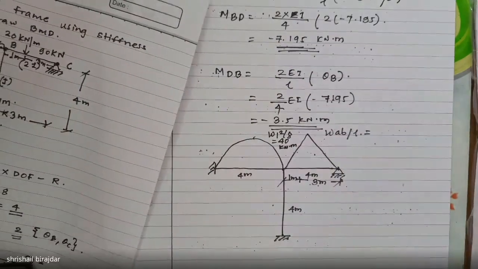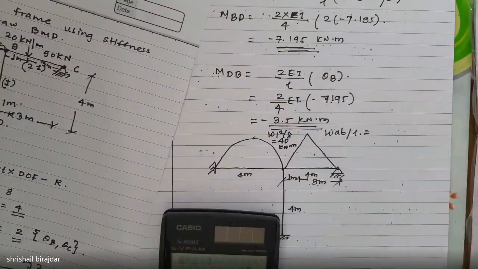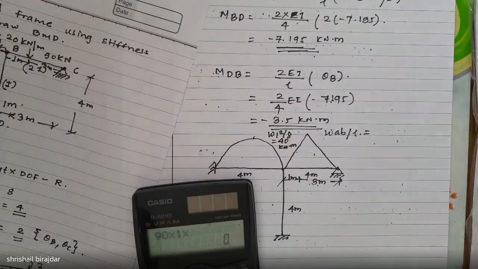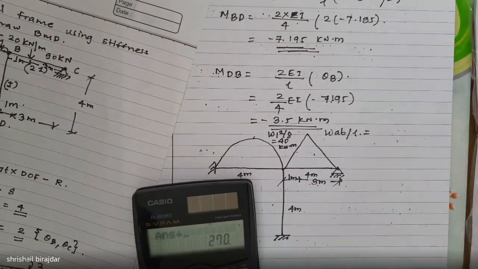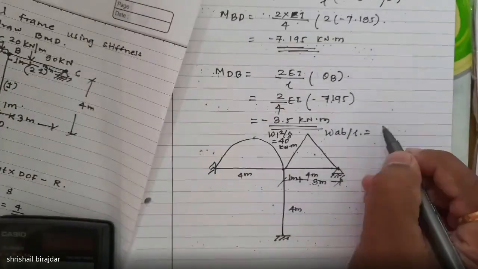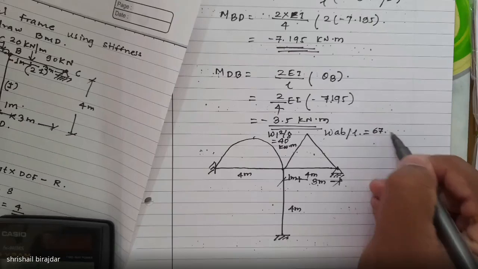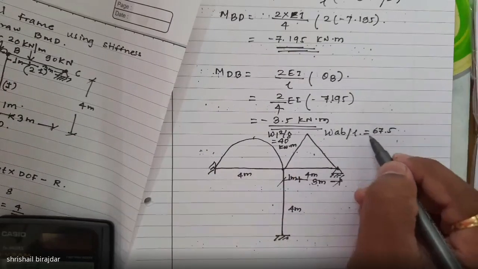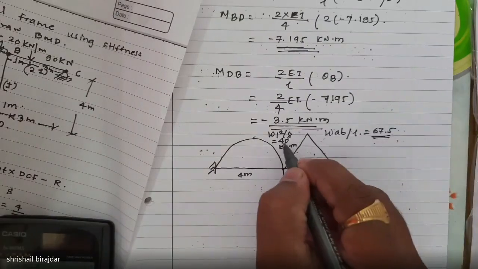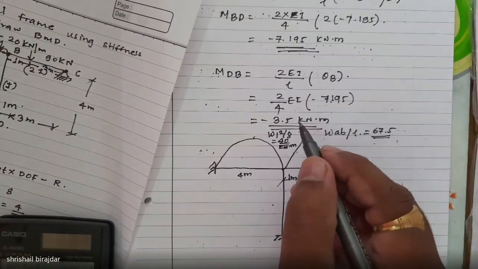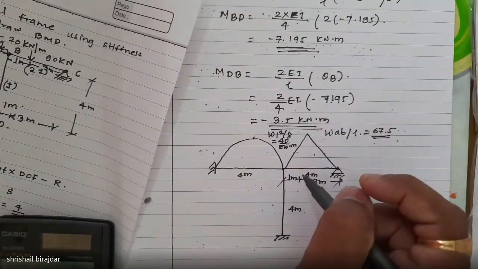And here a 90 kilonewton load is there. 90 multiplied by A, 4 multiplied by 3 divided by 4, WAB by L equals 67.5. Okay, correct? Right. 40 and 67.5.